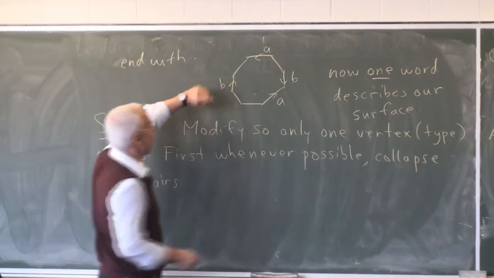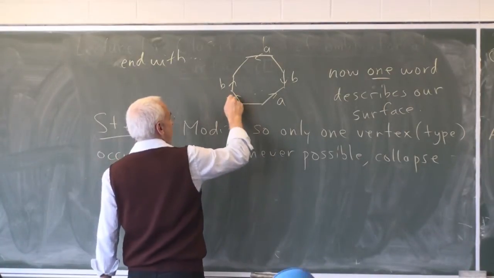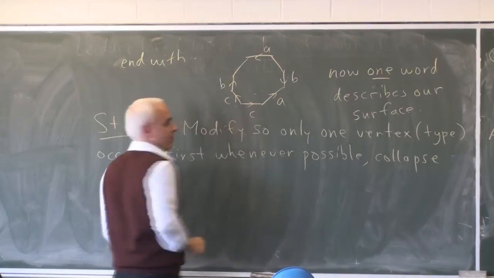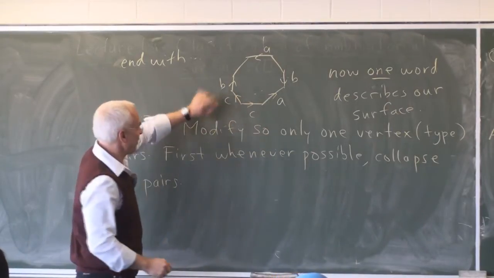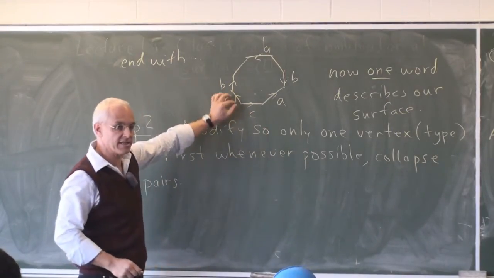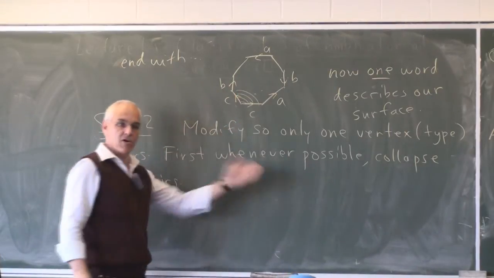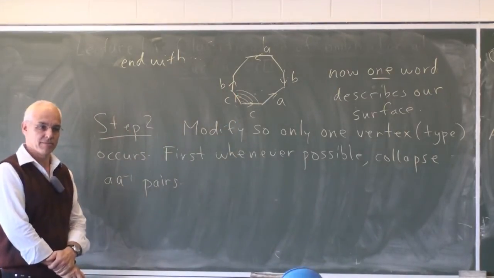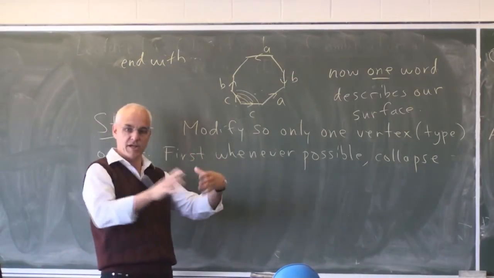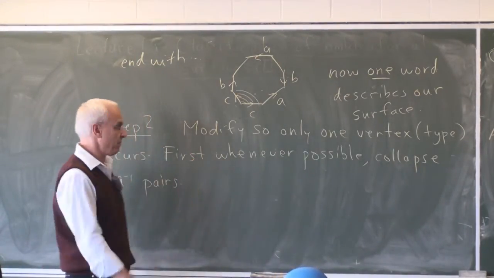So if at some point we have, say, a C and a C inverse, like this, then at this stage we'll recognize there's two adjacent C's with opposite directions. We're going to collapse them according to operation 1. That's the sensible thing to do, so we get rid of the obvious simplifications.